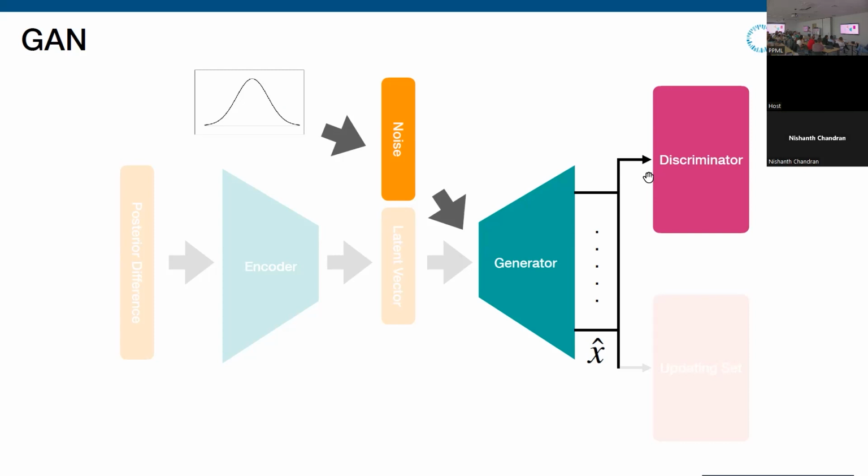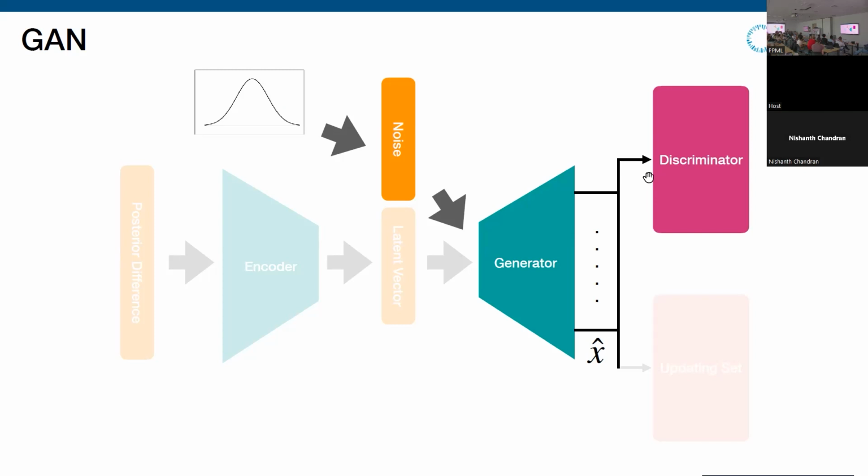I want to be as real as possible, and the other side wants to tell that everything generated is fake. You have two models, and of course you train them simultaneously. In the end, they will converge. Once you converge, the generator itself automatically encodes the distribution of the training data set, because it can generate data that looks really like the real data.